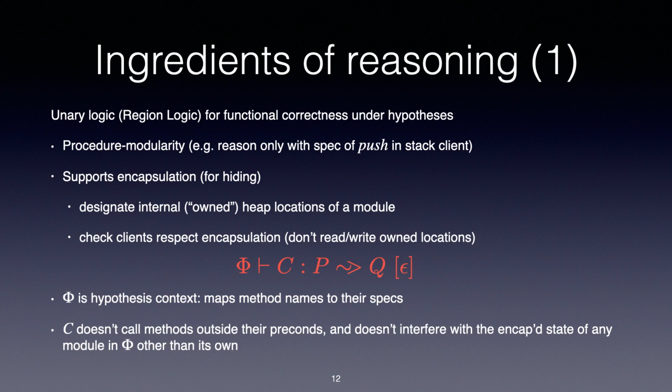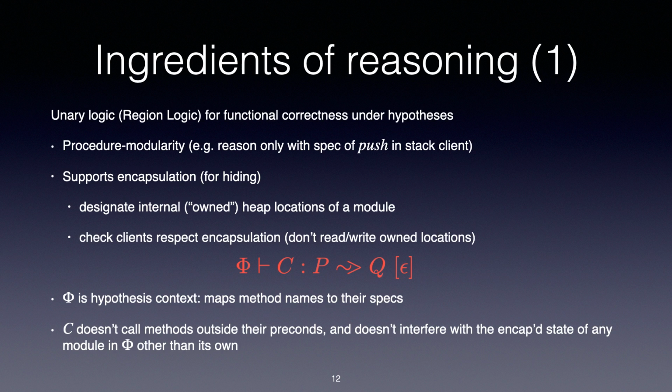The unary logic should support encapsulation for hiding. You don't want the internal invariants to be exposed at the interface, and in the specifications of the interface, because you don't want the clients to have anything to do with establishing any internal invariants. So that is why we need to designate internal or owned heap locations of a module.